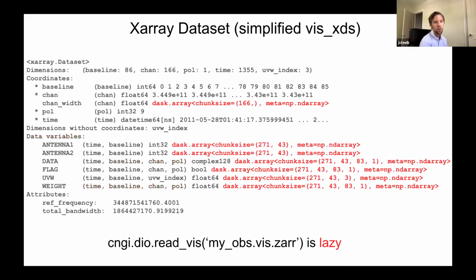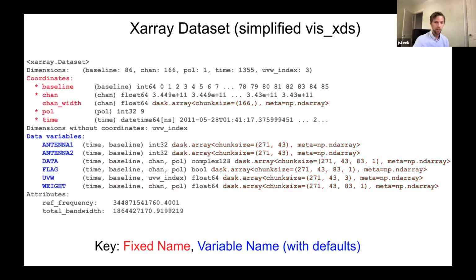Okay, and all of the data variables, when you open it, are lazy, so they're all Dask arrays. So it's basically just one big dictionary, because it's not loaded into memory. Okay, now this is also a slight departure from the MS. The coordinates are fixed, defined names. They cannot change. However, we allow the data variable names to be whatever you want, okay?